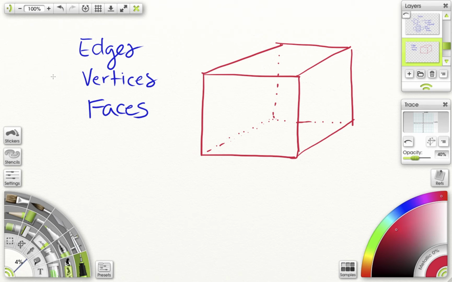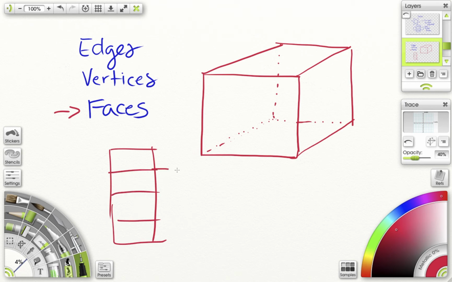So we are going to go over edges, vertices, and faces. First of all, let's start with faces. This is the easiest one to recognize because faces are those flat 2D shapes that you see make up a 3D shape. So for example, if I lay out a cube net flat, we know it looks something like this. Obviously much better, but this is what I like.